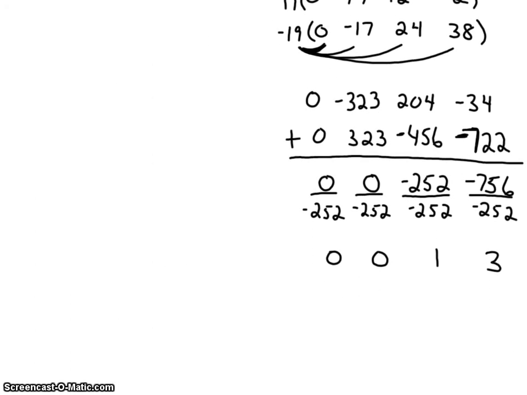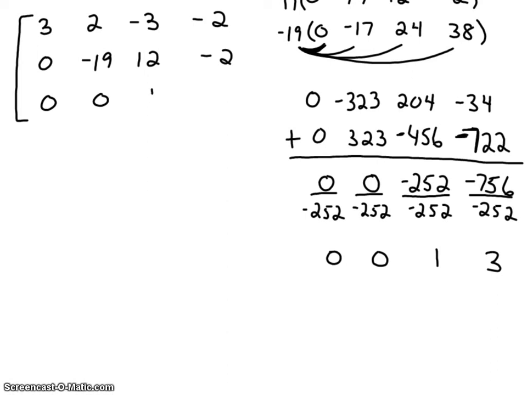Okay. So rewriting our matrix, row 1 stays 3, 2, negative 3, negative 2. Row 2 remains 0, negative 19, 12, negative 2. And row 3 now becomes 0, 0, 1, 3.